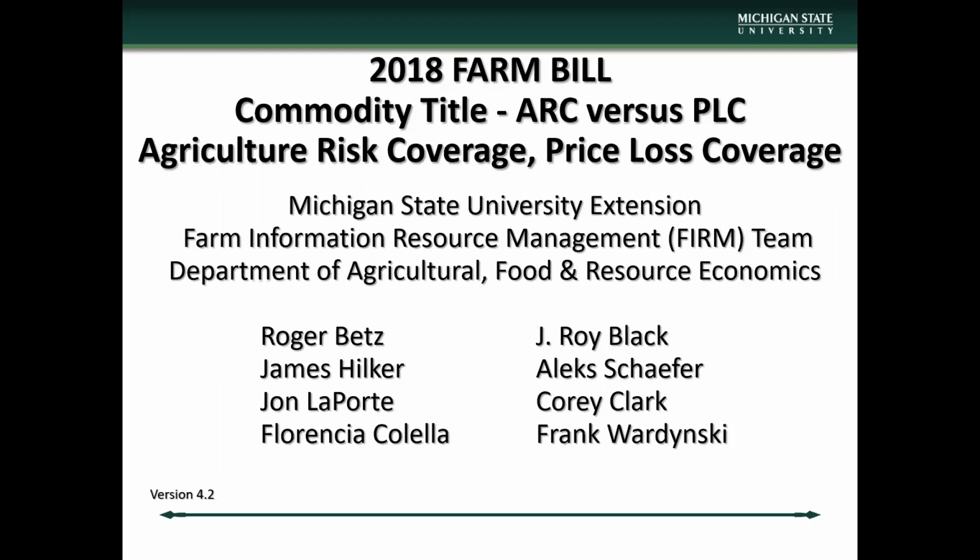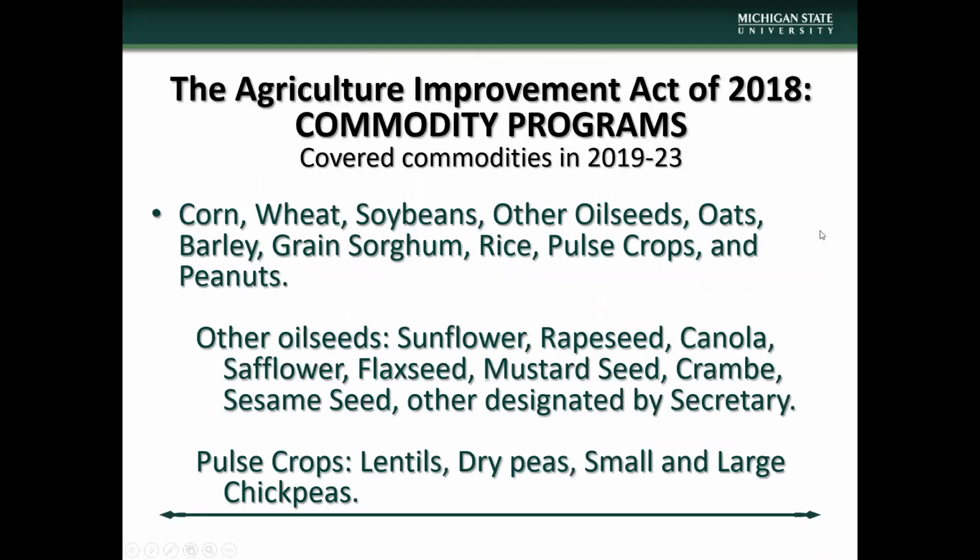And today we're going to walk through a series of topics to help you make your decisions under the 2018 Farm Bill. And so who is it that needs to be making these decisions? If you've got a specific farm number or group of farm numbers that have base acres, historical base acres in one of the commodities that you're seeing on the screen, you are entitled to some benefits under the 2018 Farm Bill.